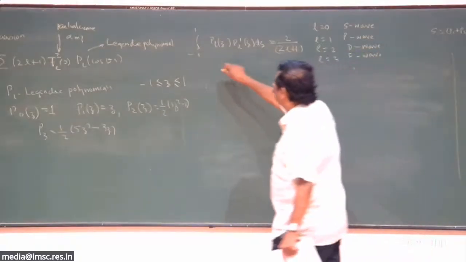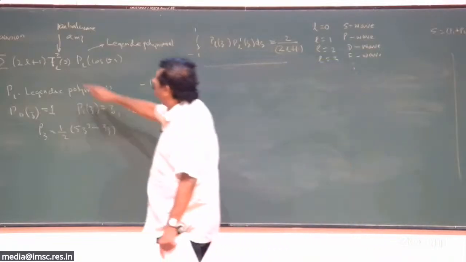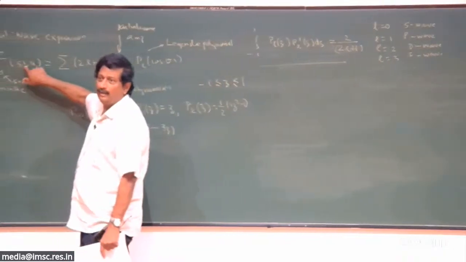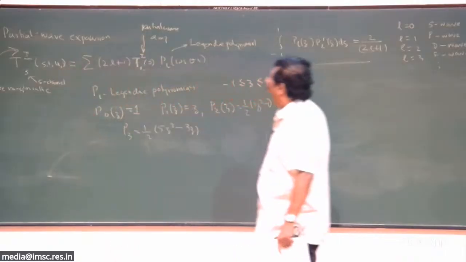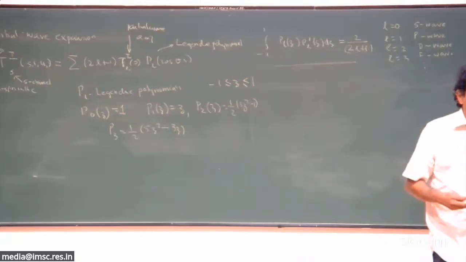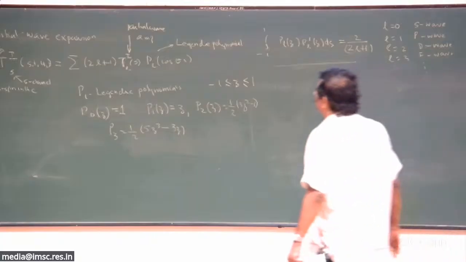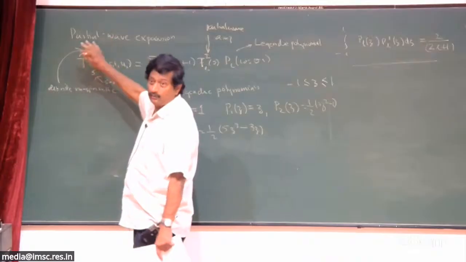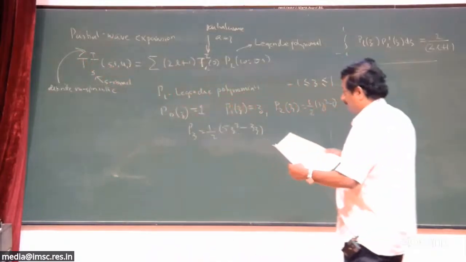But this is a very important property because it allows me to get the partial wave amplitude from the total amplitude. How do I do that? I multiply both sides by the Legendre polynomial of the partial wave that I want, and then do the integral. And because of the orthogonality, this thing here will drop out, and then when I project this onto the partial wave, I get the partial wave that I need.